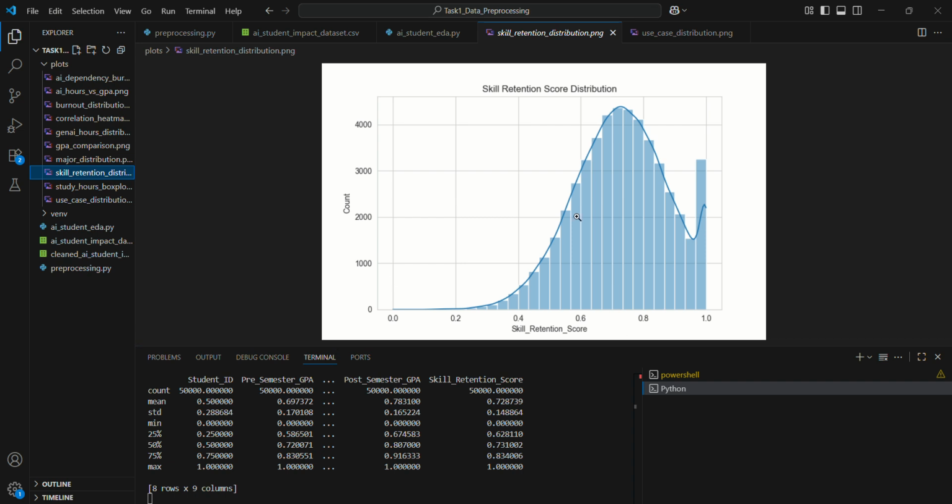Most of the students have a good skill retention score, between 0.6 and about 0.85, and the majority are at the 0.7 level. So most students can retain skills pretty nicely.